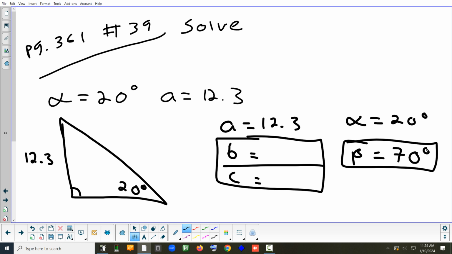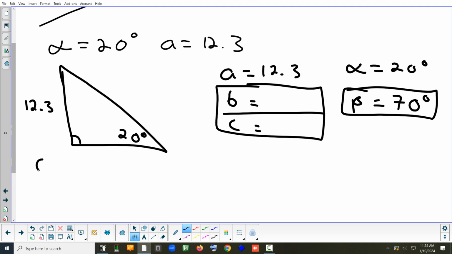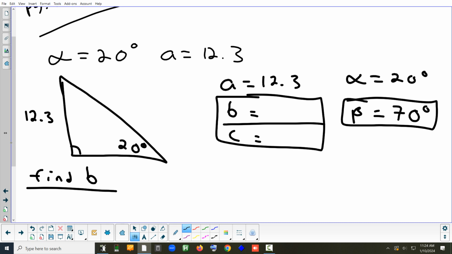Now to find B and C, we have to use trig. Doesn't matter which order, let's do B first. Unless anyone wants to do C first. So let's find B. We need to figure out what the name of side B is.